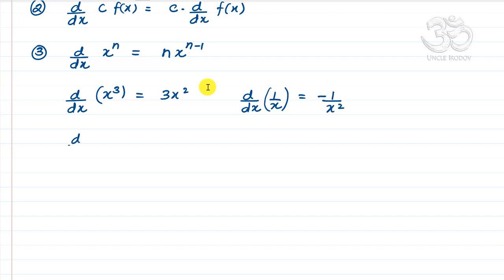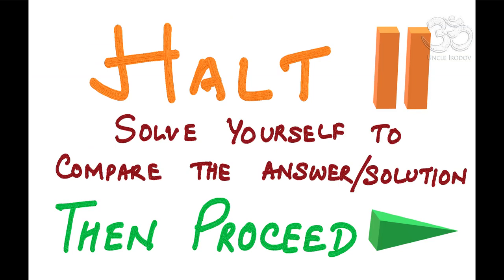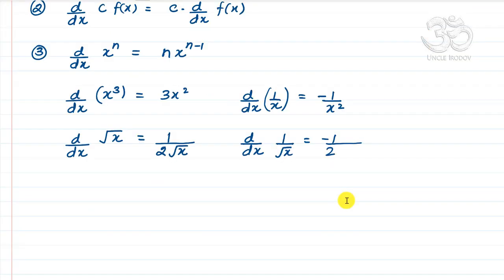And maybe if I ask you what is d by dx of root x? Correct. And what is d by dx of, let's say, 1 by root x? So x raised to the power 3 by 2. Yeah. So this is how this formula works, d by dx of x raised to the power n.